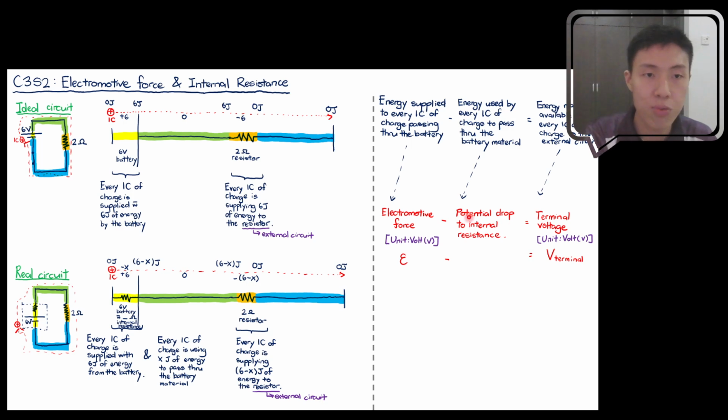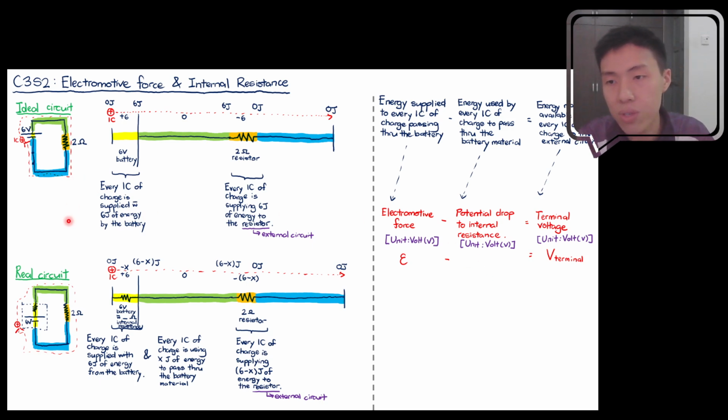And lastly, this potential drop to internal resistance will have to be the same unit as well, because we want this equation to be dimensionally homogeneous, right? So all the terms inside, if you are adding them up or subtracting them, you need them to have the same unit. So if this is volt, then this must be volt as well. So this potential drop, as the name implies, is potential, so the unit must be volt, right? But what kind of symbol do we write here?